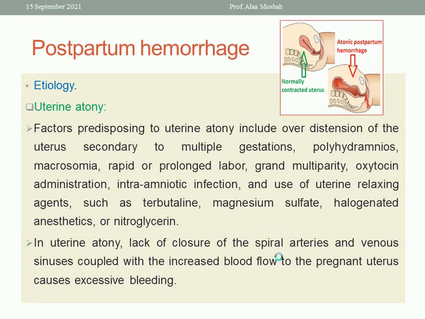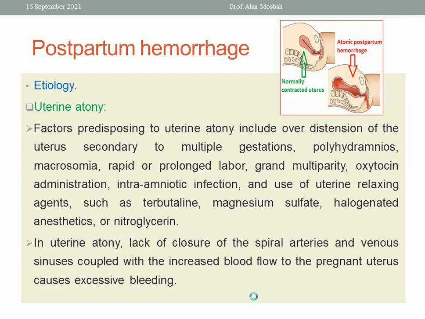What about uterine atony? The risk factors include over-distended uterus due to polyhydramnios, multiple pregnancy, or maybe due to intraamniotic infection, or prolonged labor, or multiparity, or oxytocin administration, or use of halogenated anesthesia or nitroglycerin, or use of terbutaline, which is a muscle relaxant.